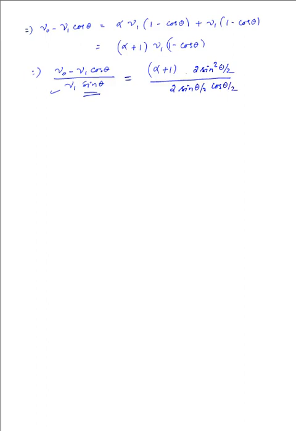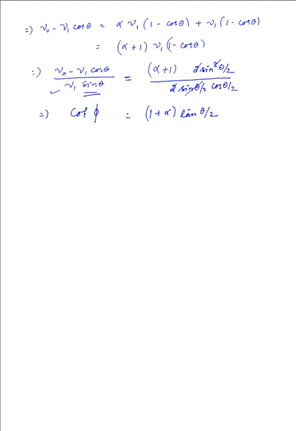So one of the sine theta over 2 terms cancels out, the 2's cancel out, and what we get is simply 1 plus alpha, or alpha plus 1, times tangent of theta over 2, and this left side is simply cotangent of phi.